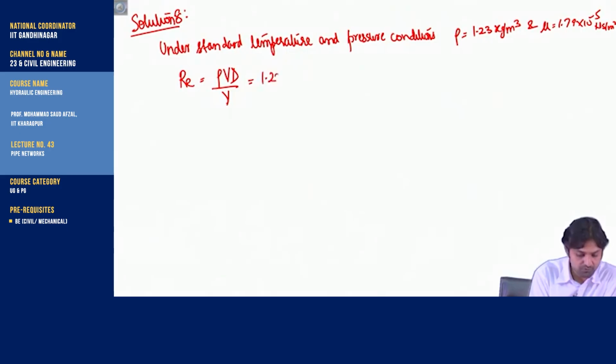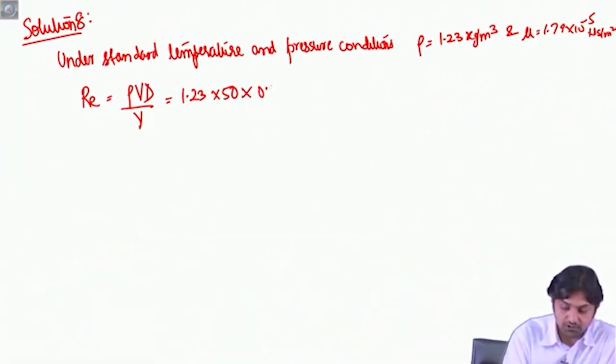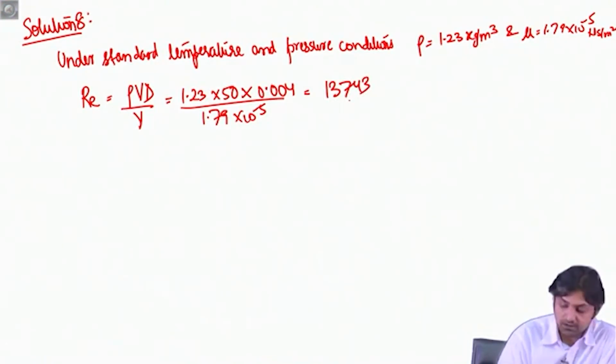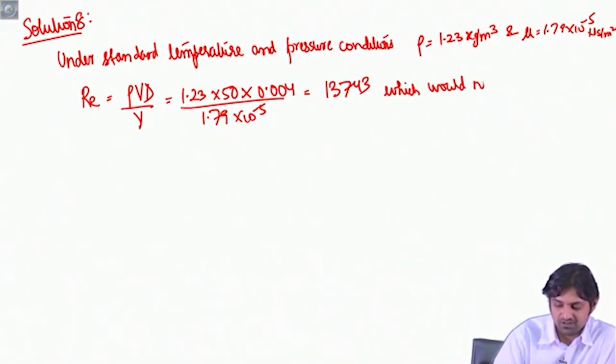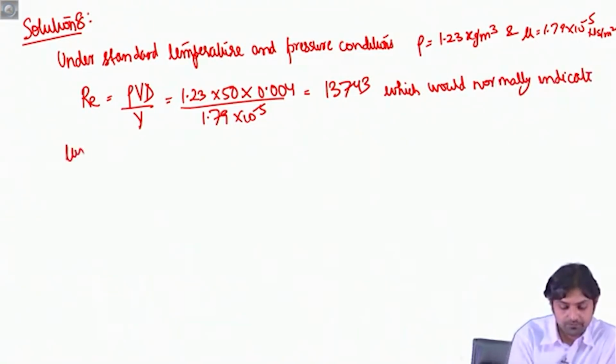So, if you put 1.23 into 50, because velocity of 50 meters per second is given, diameter is 4 millimeters, so 0.004 meter, divided by 1.79 into 10 to the power minus 5, and this will come to be almost 13,743, which would normally indicate turbulent flow. All right.